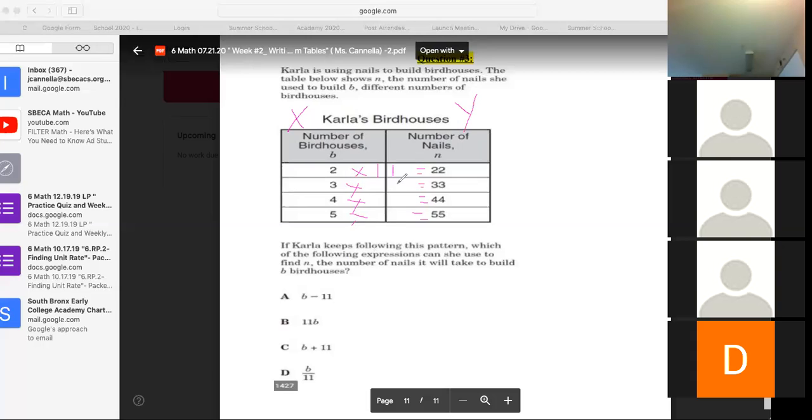Now, 3 times what is 33? 11. And 4 times what is 44? 11. And last but not least, 5 times what is 55? 11, right? So we know we have to multiply by 11, correct? So we're going to write rule/pattern.